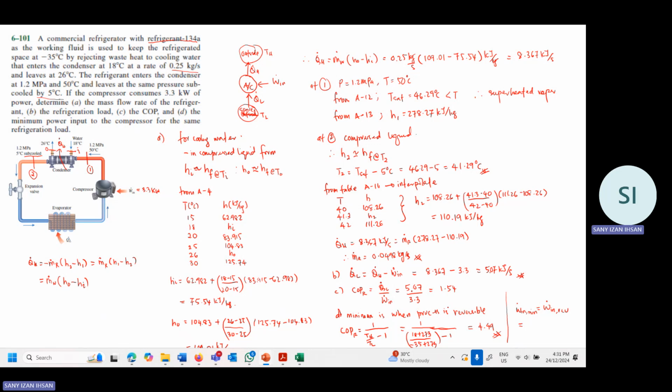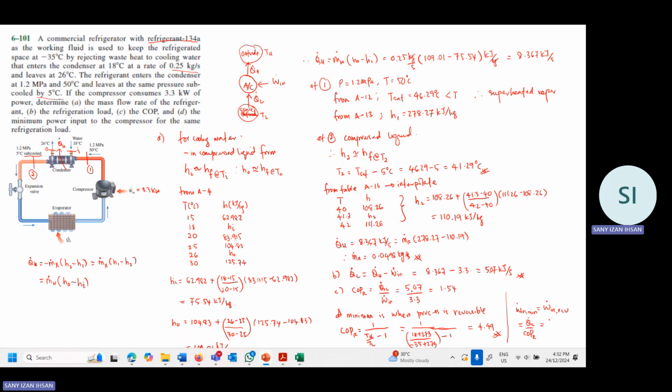So remember, we can relate again with the COP. COP is QL and work in there. So work in is nothing but Q dot L divided by COP. So in that case, QL over COP, for reversible, that would be the relation.